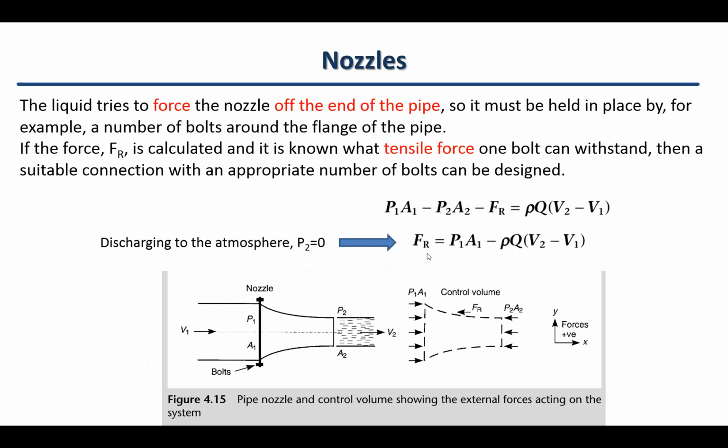If you remove P2, we have FR equal to P1 A1 minus rho Q, where rho is the density of the water and Q is the flow discharge, times the bracket with the difference of the velocity, output minus input. So this is the nozzle.